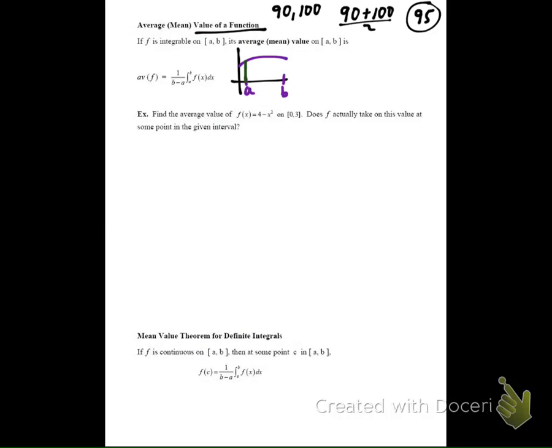So finding the average value of a function, you add up all the different values. Now there's an infinite number of them. Remember, when we integrate, we add up an infinite number of rectangle areas. So when we integrate, we get all the values of the function added up, all the y's, so we get that whole area.